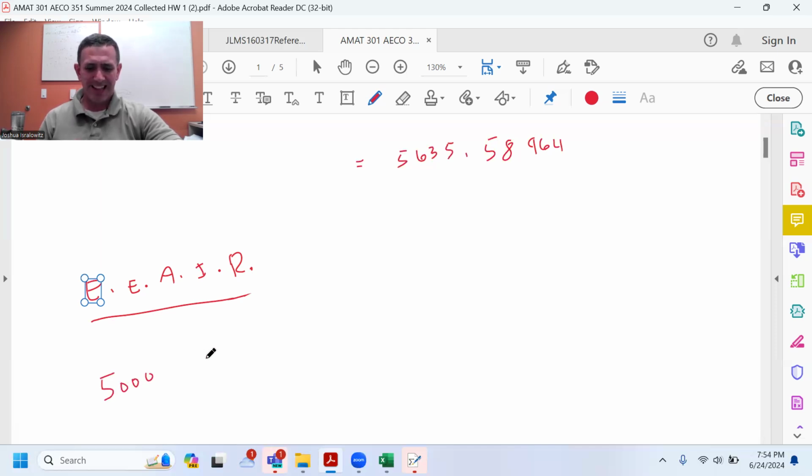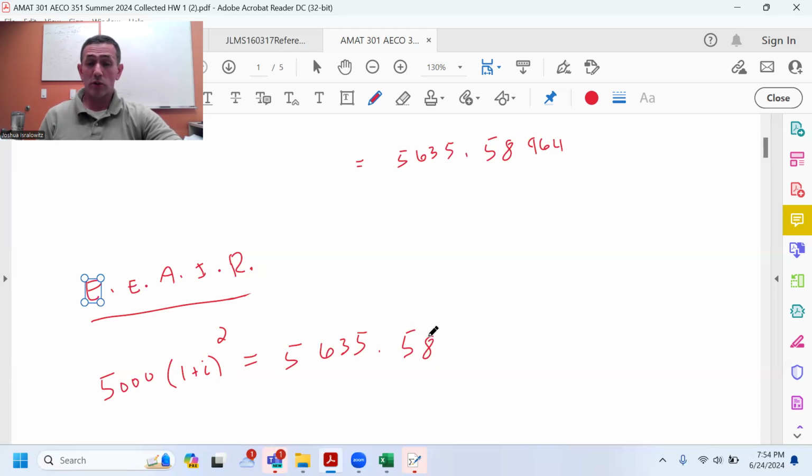We have this hypothetical annual interest rate I, where if I put 5,000 into a bank account earning I times 100% per year, I'm going to get back what I actually get back from this investment. So it's a single yearly growth rate describing how this account grows.